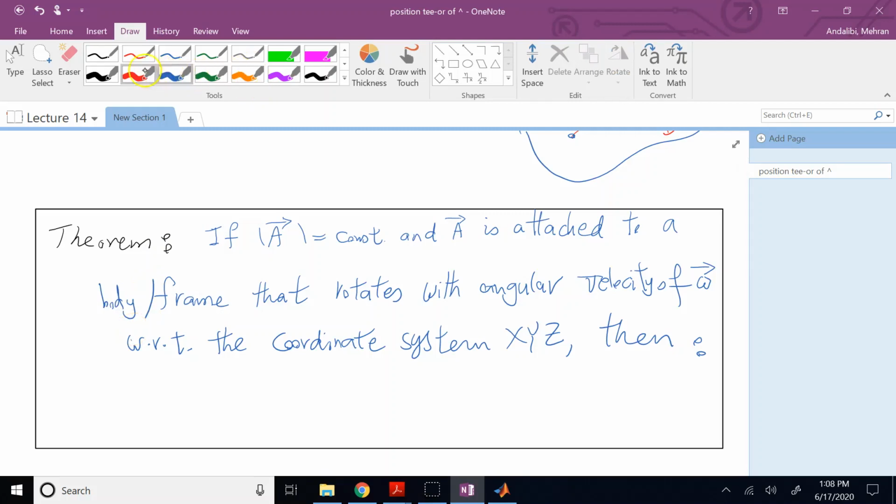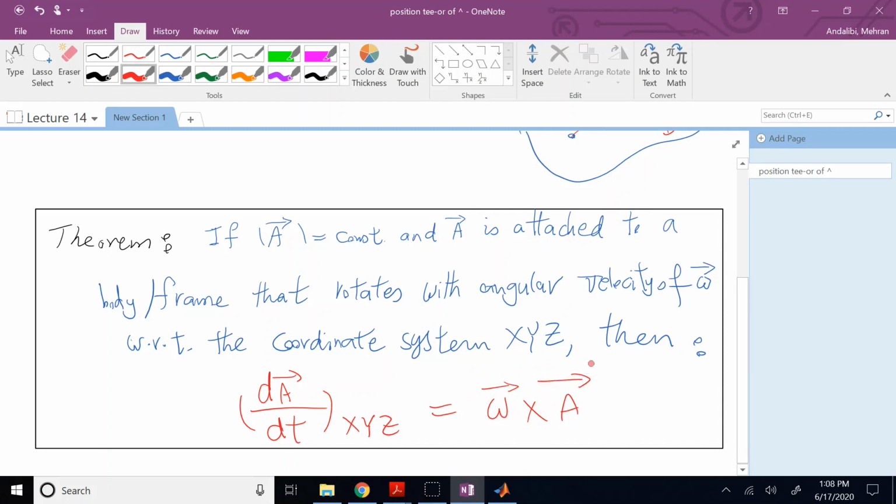Then we can show that d of the vector A with respect to time as measured in coordinate XYZ, let me use parentheses, is equal to omega cross A.